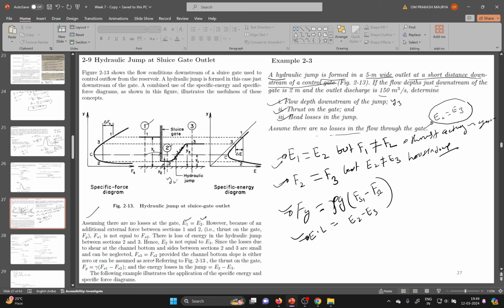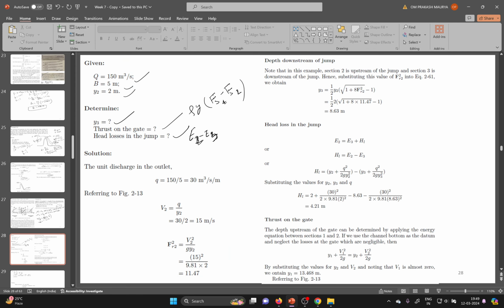So at point 2 your force is less compared to Fs1. So that's why we use 1 minus 2, Fs1 minus Fs2. Similarly for energy, previously the energy was more, after the jump your energy got dissipated or reduced from the previous, that is from point E2, so that's why E2 minus E3.